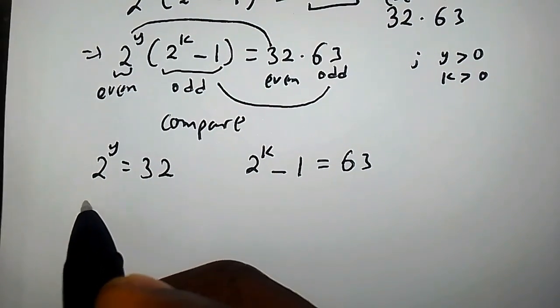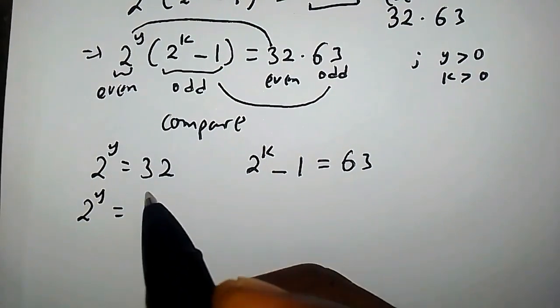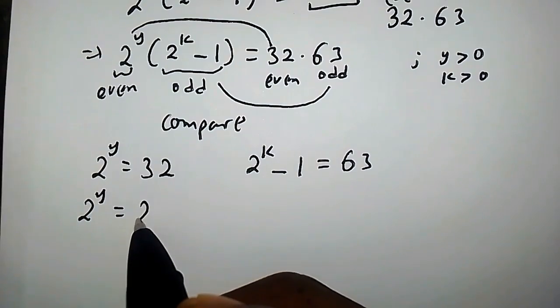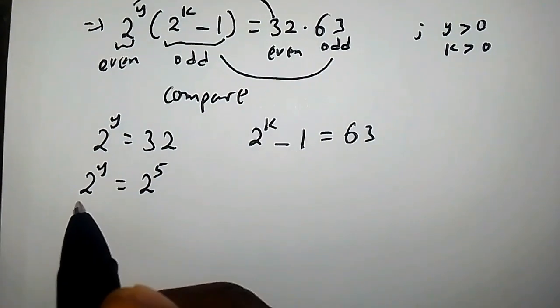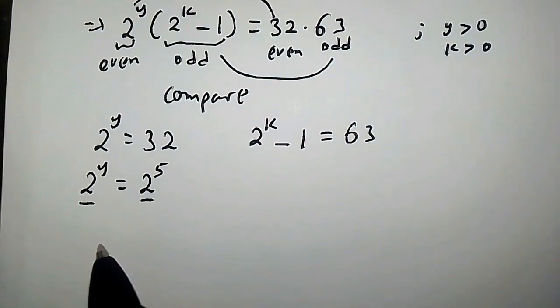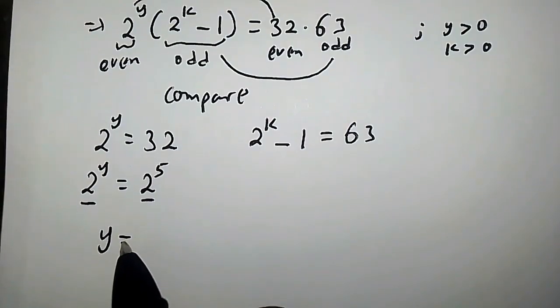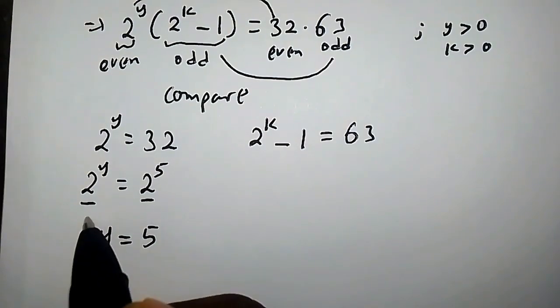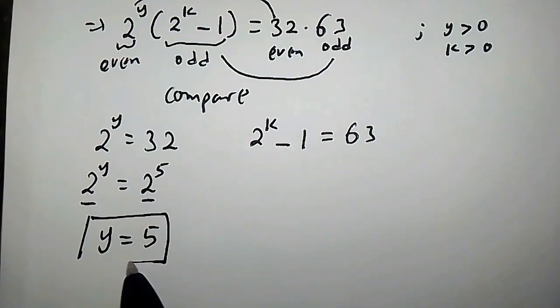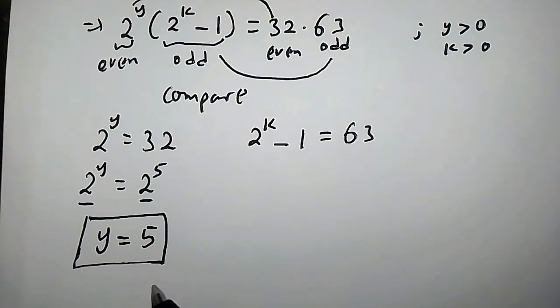From this line, 2 raised to y is equal to 32 could be written as 2 raised to 5. The base is the same, so the power must be equal. y is equal to 5. This is the value of y. What is left now is to find the value of x.